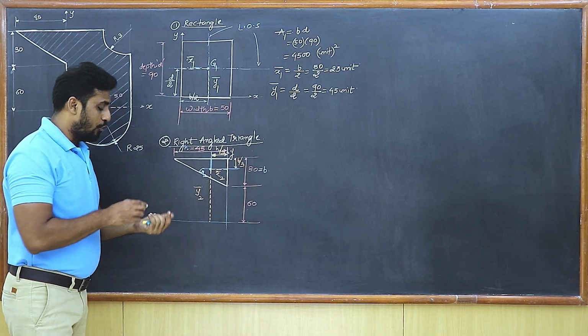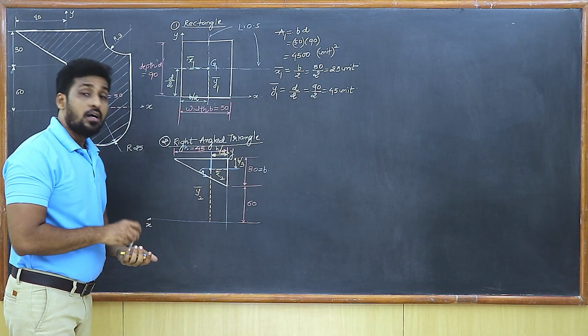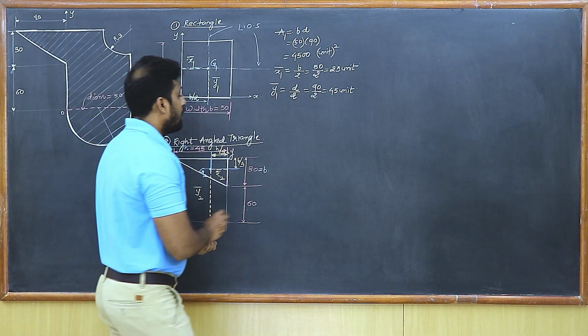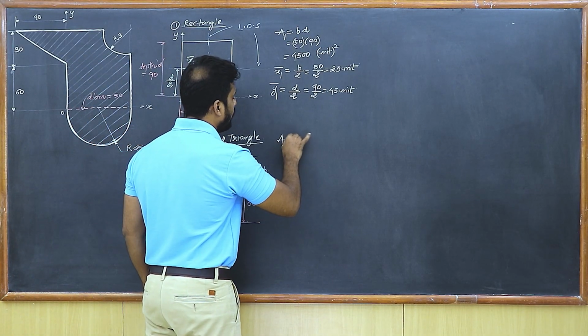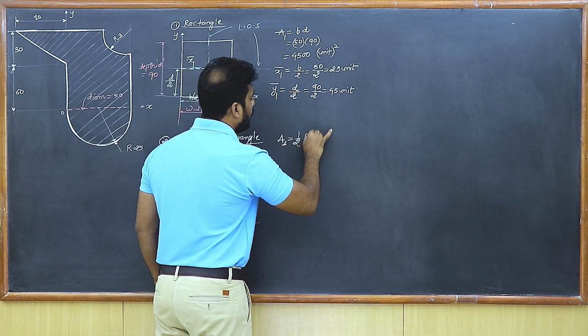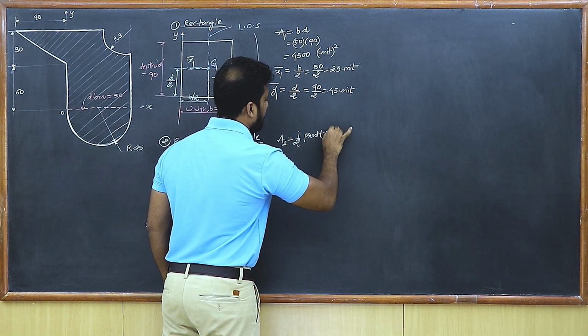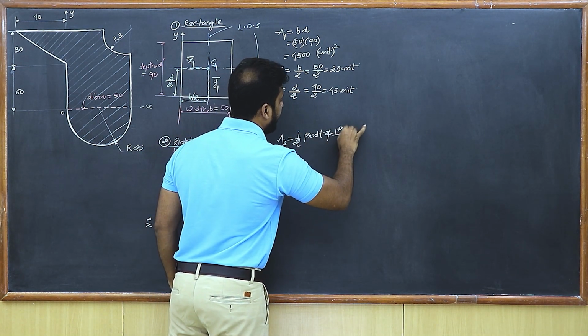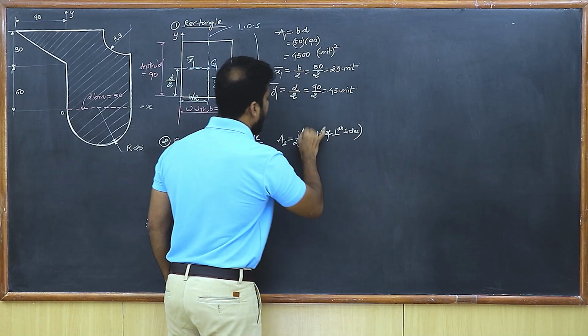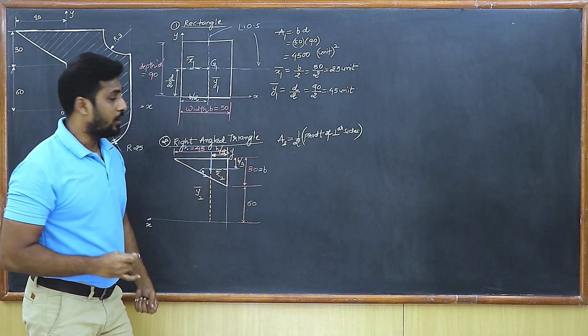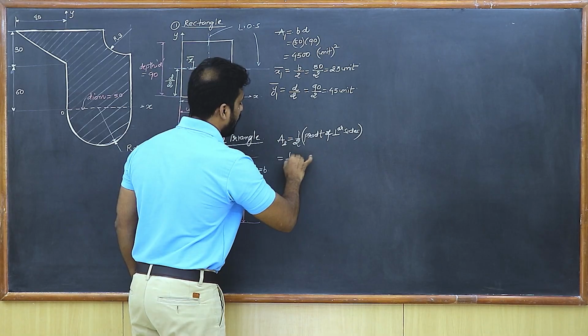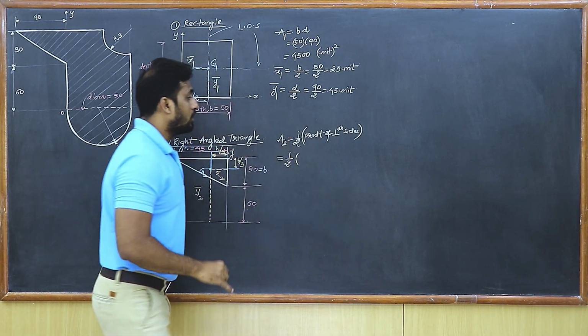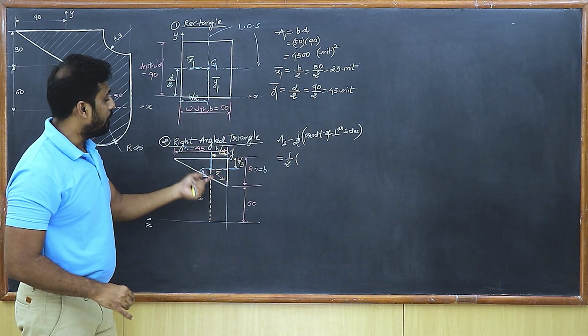So now students, I'm going to first write the area. So let's write area. So that's A2. I know it is half into the product of perpendicular sides, isn't it? Half into product of perpendicular sides. So I get here 1/2 into, what's the perpendicular side over here? It is 45 and 30.